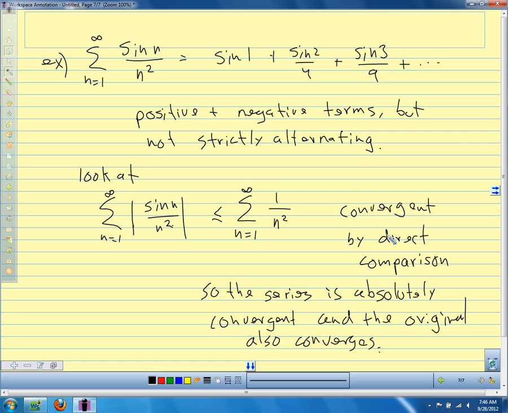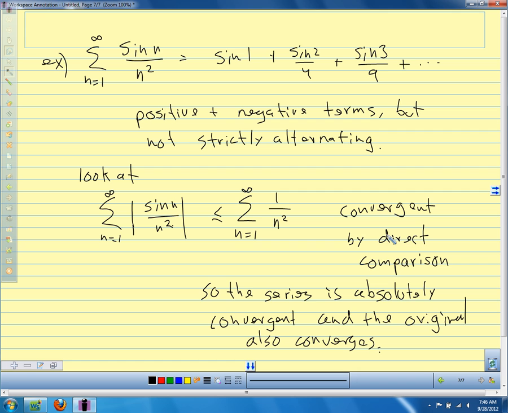So really quickly, I want to say something about the alternating series remainder. If we want to estimate something with the sum of an alternating series, if we have some convergent alternating series, we want to use the nth partial sum as an approximation. The error in that approximation is less than or equal to our first neglected term.